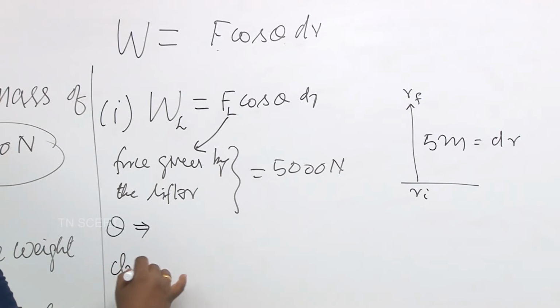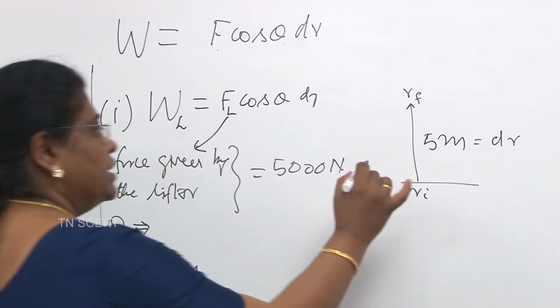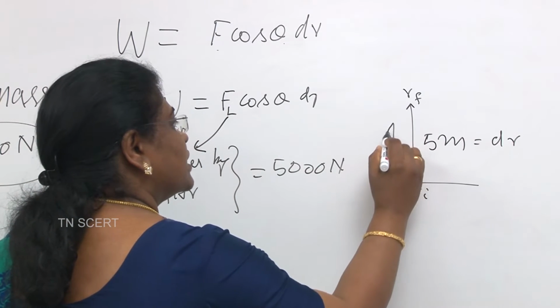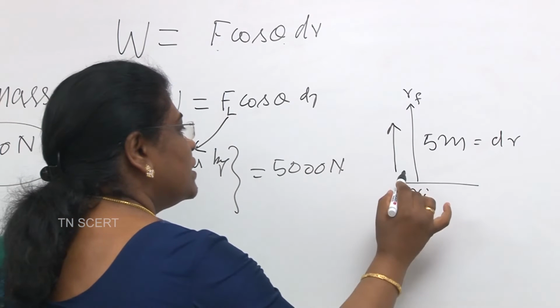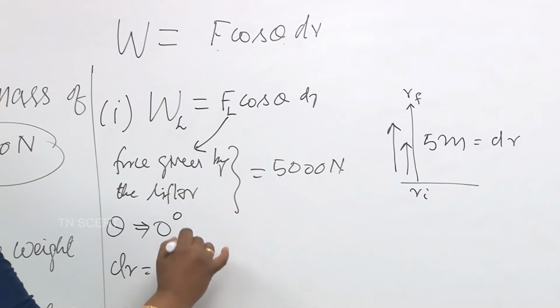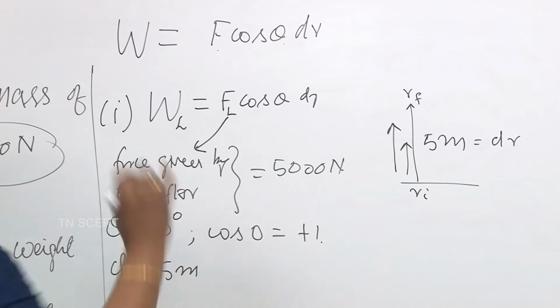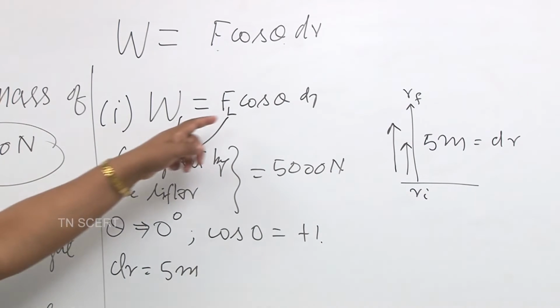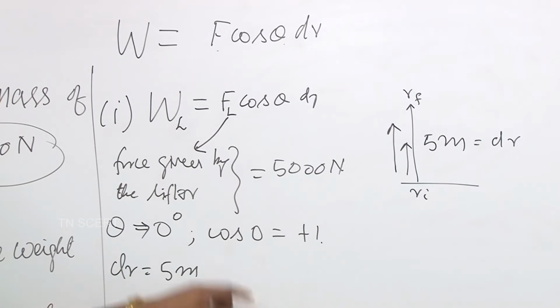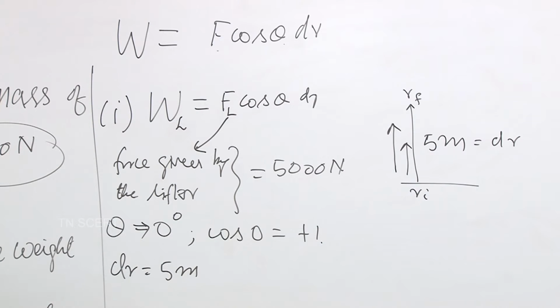And what about theta? He is lifting in this direction and the object is also moving in this direction, and therefore theta is equal to 0 degrees, so cos of the angle is equal to 1. Do we have all the parameters? Yes. Let us substitute.